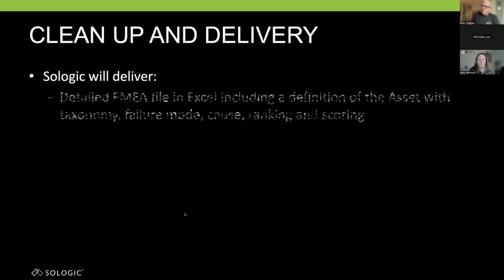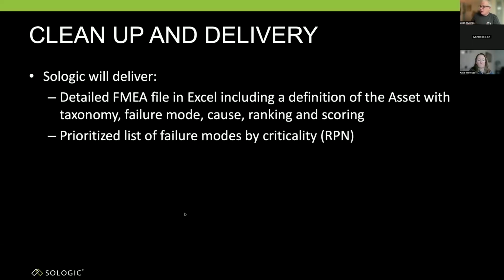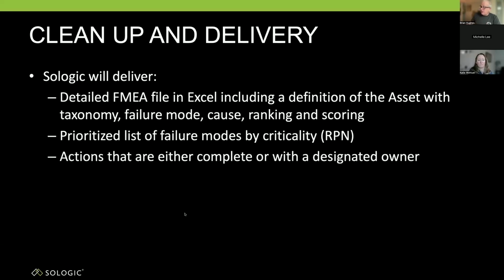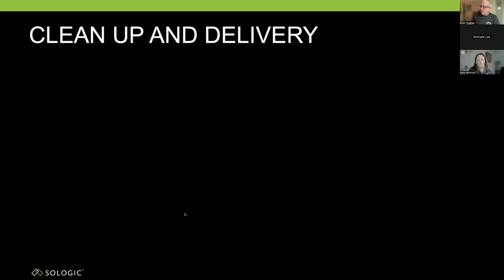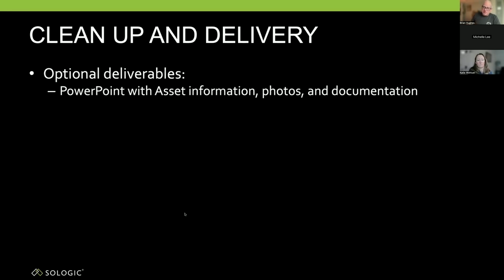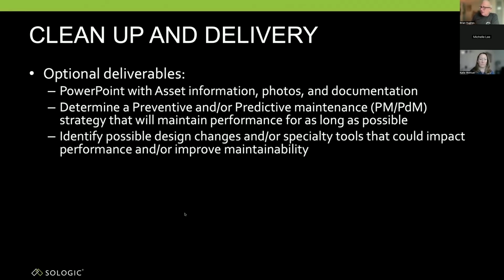And so what we usually deliver is the detailed FMEA file in Excel, okay? A prioritized list of failure modes by criticality, actions that are either complete or with a designated owner. So what are we doing next? A list of spares. And then sometimes we can also deliver, well, I've been doing this every time, a PowerPoint with the asset information, photos, documentation, PM schedules, preventative and predictive maintenance schedules, things like that.